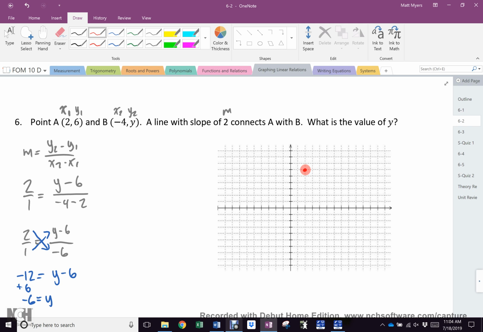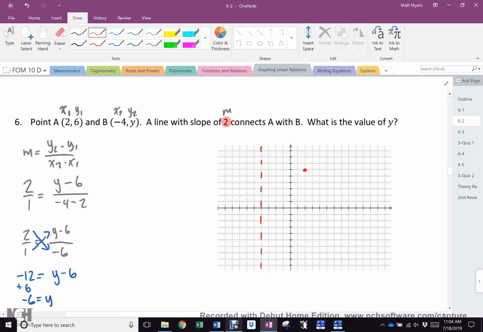Pretend we haven't done the algebra. We're doing this graphically now, Madeline. What do I know about B? I know x is negative 4, right? So the other dot has to be somewhere on this line, right? Because that's negative 4. Everyone agree?